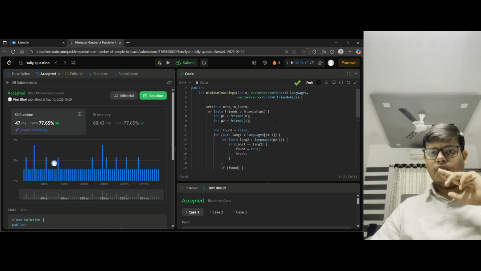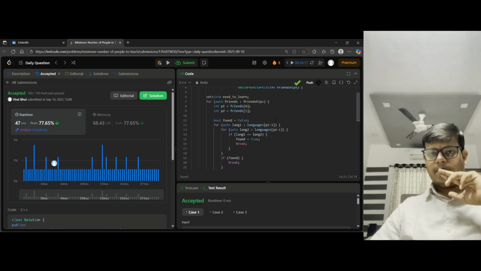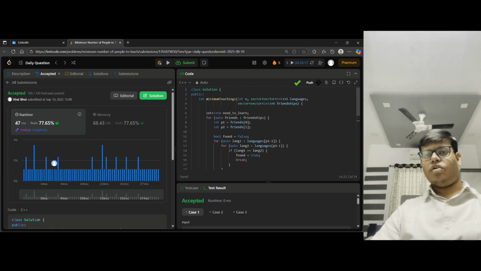I might be wrong. So in this case we are going n square at max. It can be, I need to calculate. I can't say for sure now.